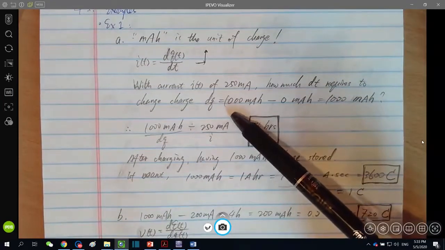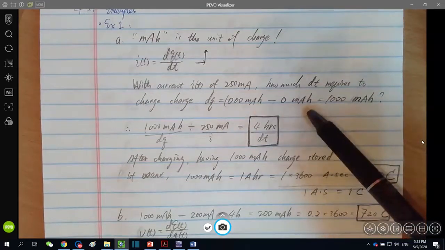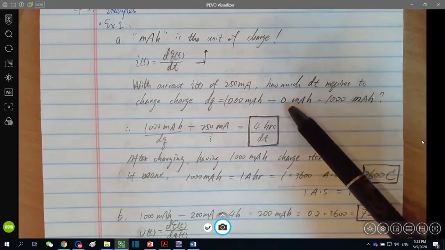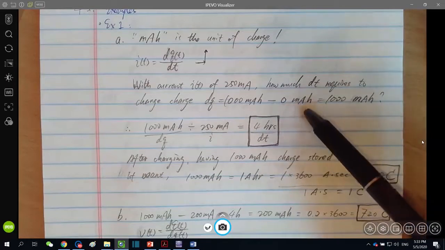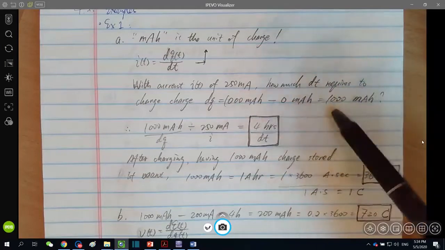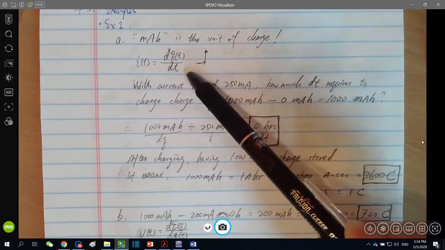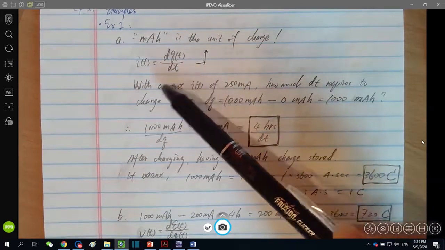Fully charged means 1000 milliampere hour. Empty means 0 milliampere hour. So the difference between them is the dq, the total amount of charge you need to charge. The total amount of charge divided by the total amount of time spent is equal to the current.